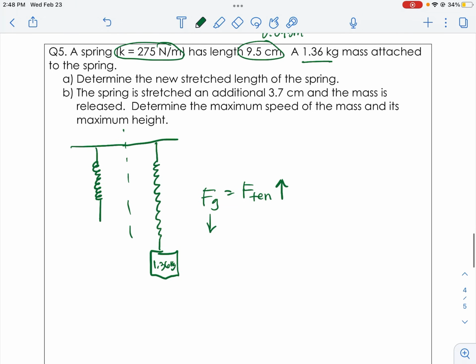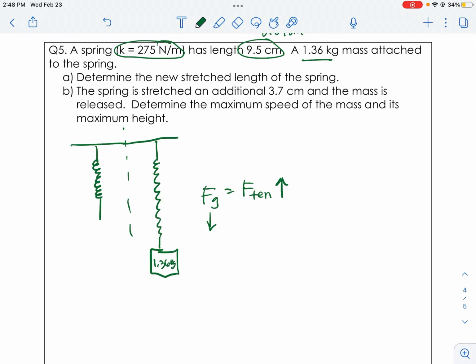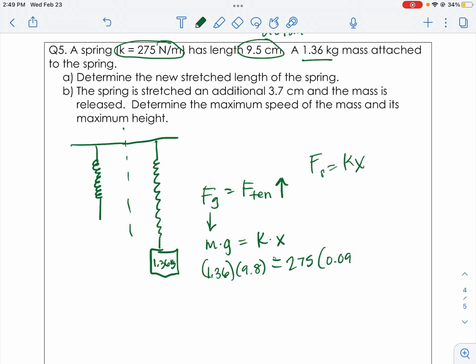So we can use our spring force, our mass times gravity, is equal to our k times our displacement. So our tension would be equal to our Hooke's law equation, Fs equals kx. Okay, so here we've got a mass of 1.36 multiplied by 9.8 equals 275 times 0.095.